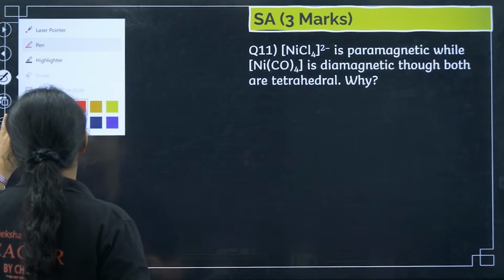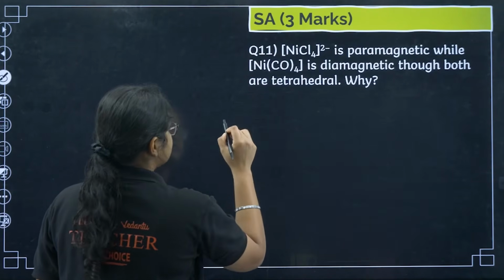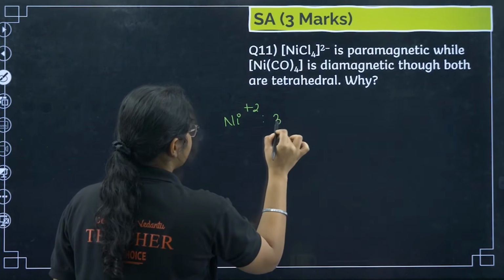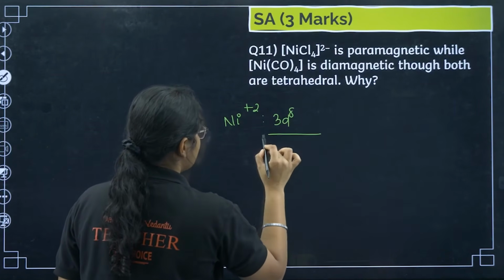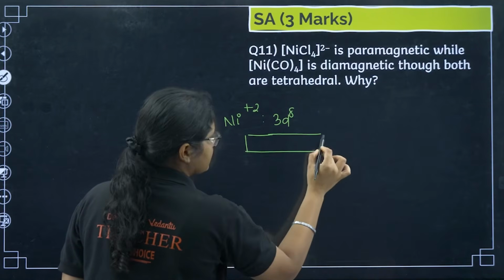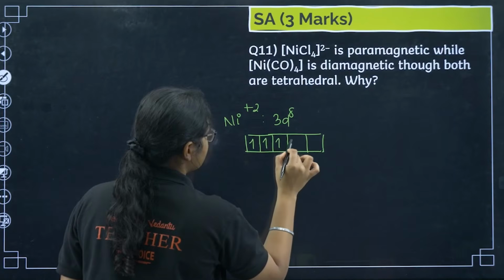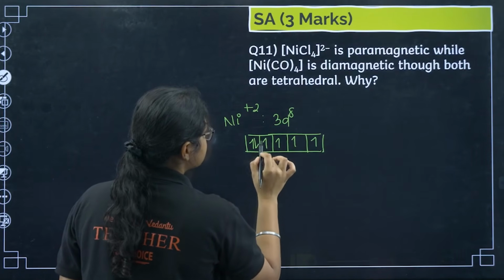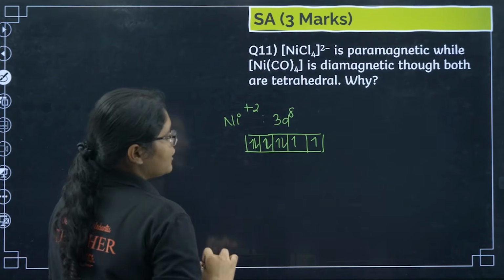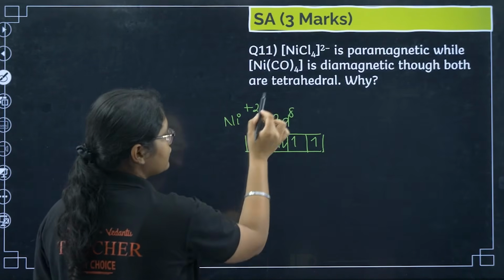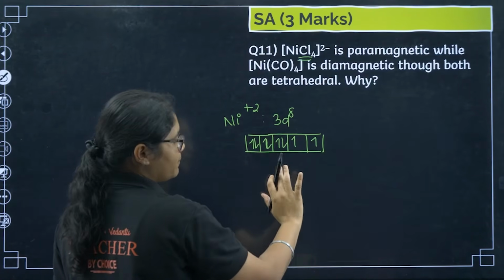Again, similarly you should be drawing and seeing [NiCl4]2-. Again Ni is plus 2 and we have 3d8 configuration. So if I just draw here 3d8, 1 2 3 4 5, 6 7 and 8. Now here, since chlorine is a weak field ligand, there will be no pairing.